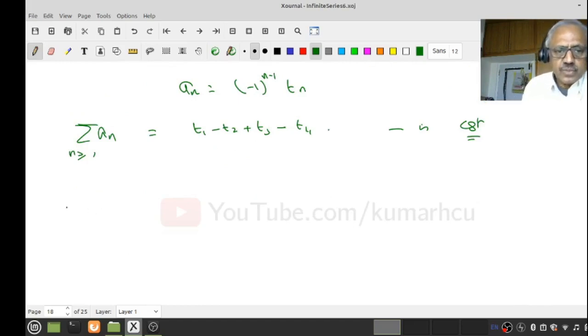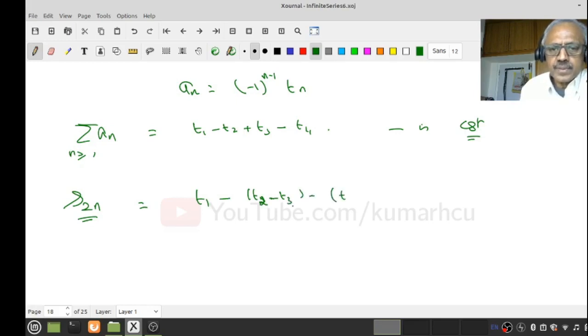Okay. So let S2n be the even partial sums; let me look at only those. This is going to be, you can see, T1 - (T2 - T3) - (T4 - T5), etc. Now T2 is greater than or equal to T3, therefore this is positive, this is negative, and this is negative.